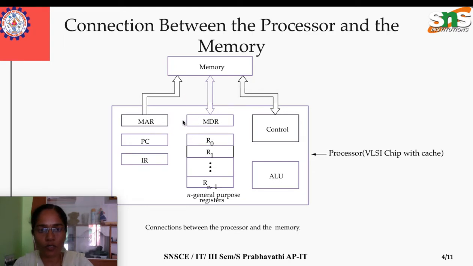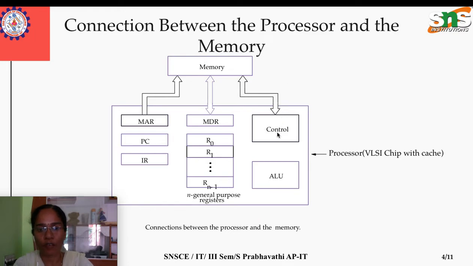Only these two registers have the right to contact the memory. The MAR holds the address of the memory location, and the data or content at that address is placed only in the memory data register. Apart from these, no other registers contact the memory.